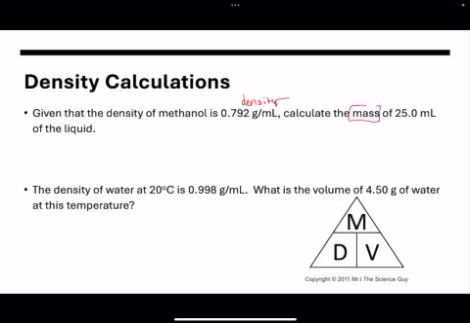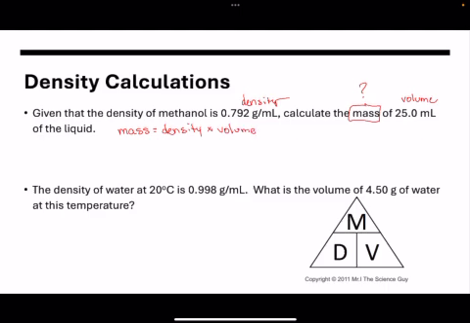So we're looking for the mass, and we have here the 25.0 milliliters, which is going to be our volume. So you can look at your density triangle that I have here, and in this case, we would cover up mass, and so we would be left with mass equals density times volume.